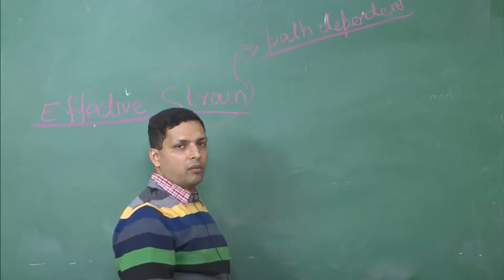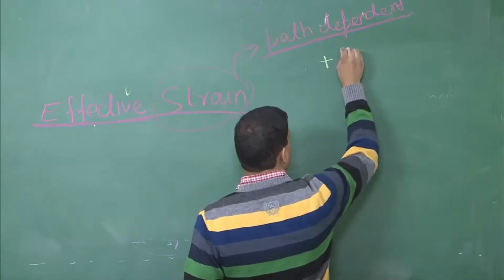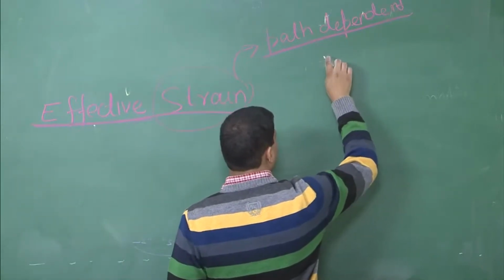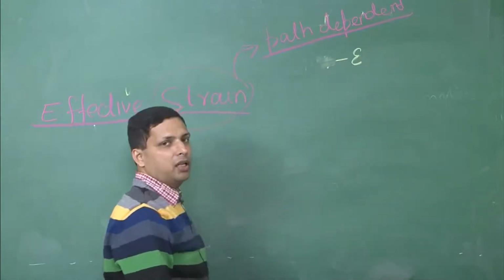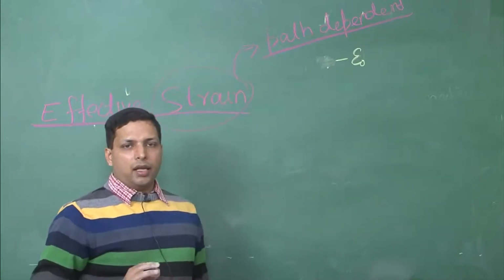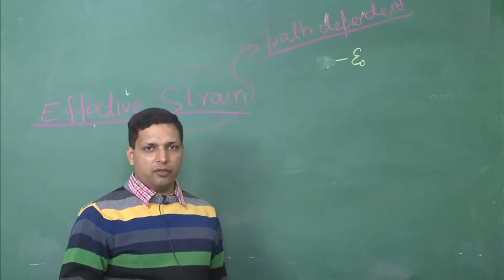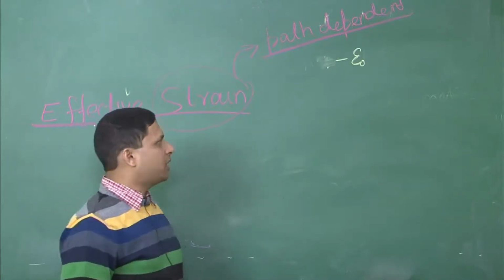Let us say I deform a material under compressive strain, where I take the strain, since it is compressive, all the way to minus epsilon naught, and then I release the material. So it has been plastically deformed, and the deformation has been taken to minus epsilon naught.